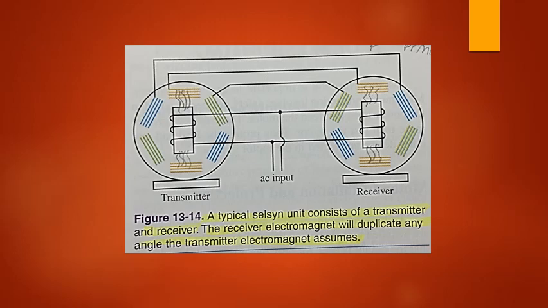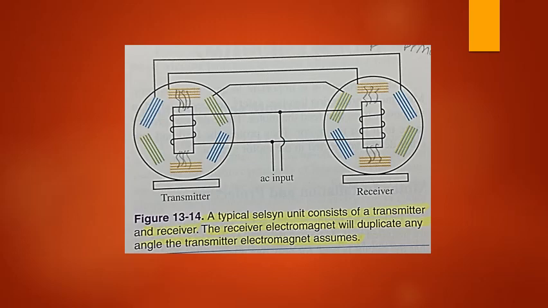The rotors are energized by an AC power supply. When the rotors are energized, they induce an EMF on the stator windings. When energized, the two rotors will be at exactly the same angle of rotation. One unit is usually referred to as the transmitter, and the other is called the receiver.